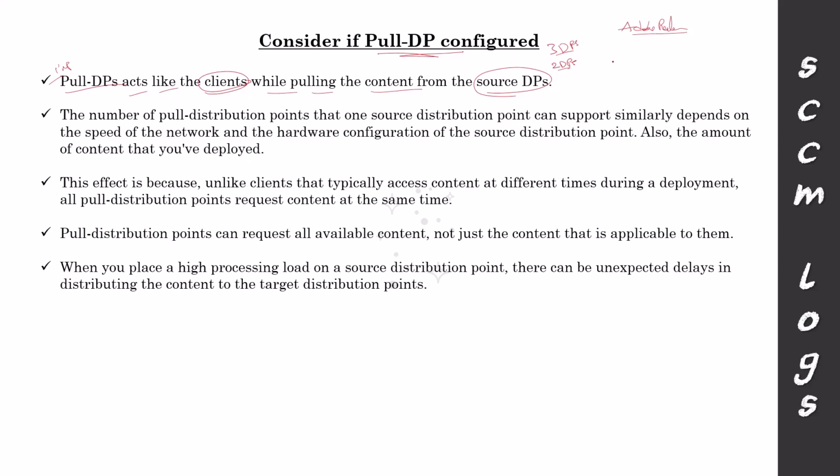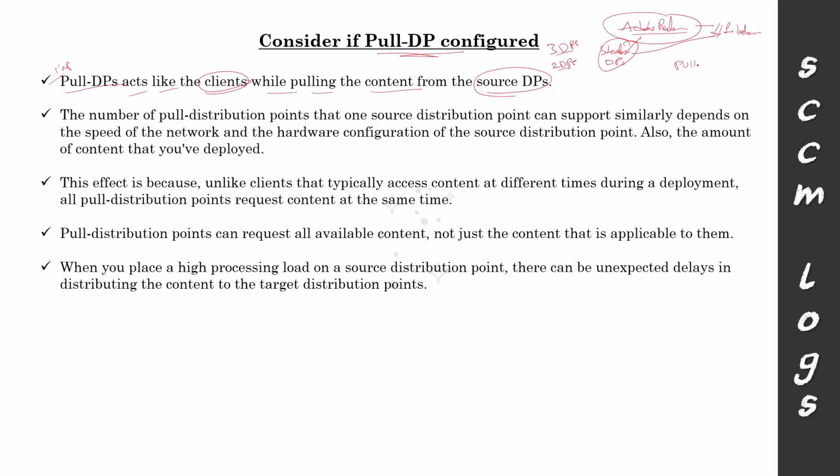A full DP always has a source DP. Whenever content is distributed to the full DP, it will take the content from the source DP instead of the source location path. So Adobe Reader is stored in some other file share path. If you distribute content to the standard DP, it will get the source files from the share path.